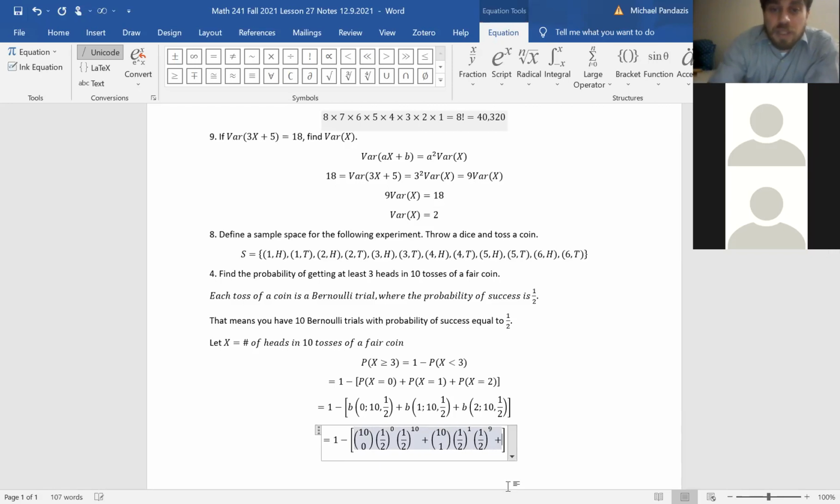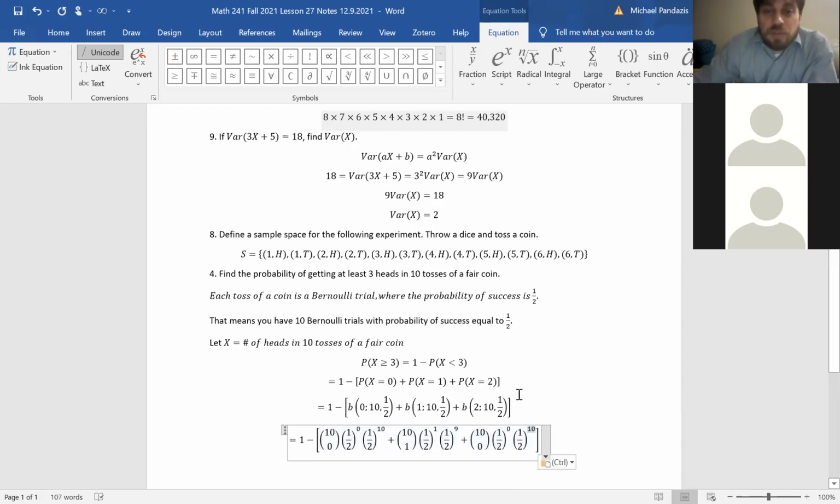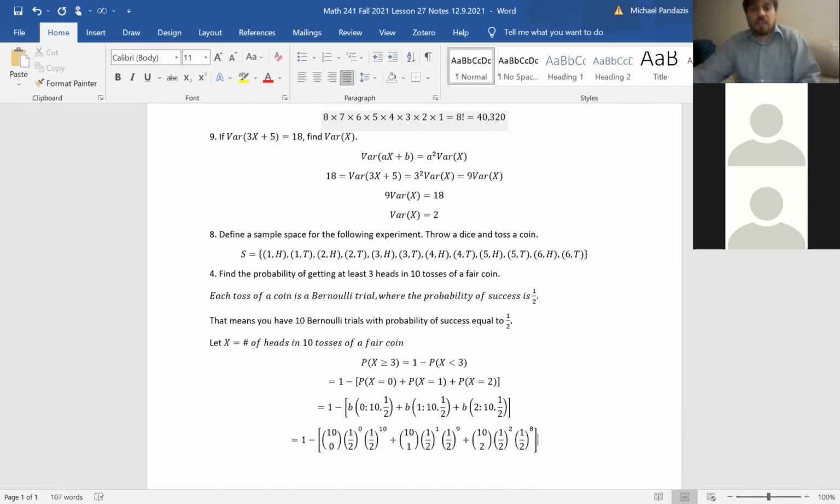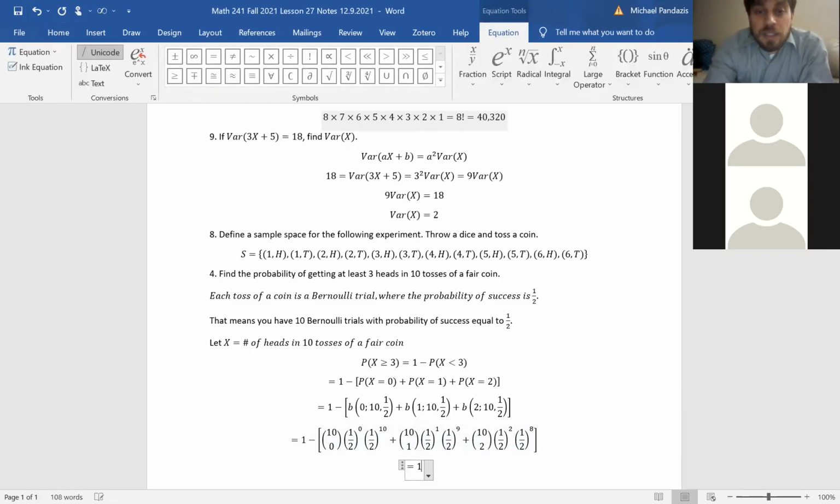Okay, so now this is plus, and now if there are 2 successes, it's 10 choose 2 times 1/2 squared times 1/2 to the 8th power. Okay, and so now that's the value of that. This is equal to 1 minus the sum. Well, the first thing is just 1/2 to the 10th power, which I think is 1 over 1024.